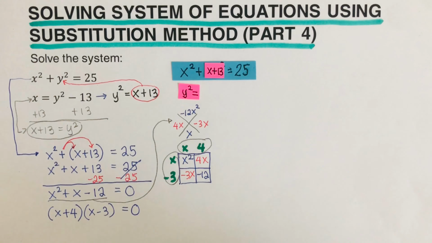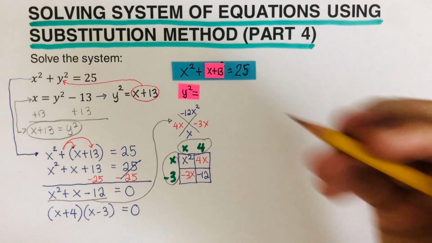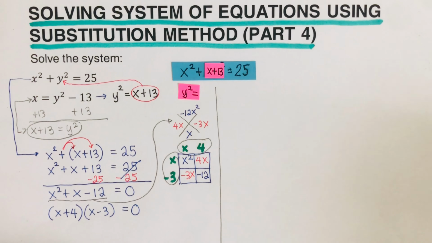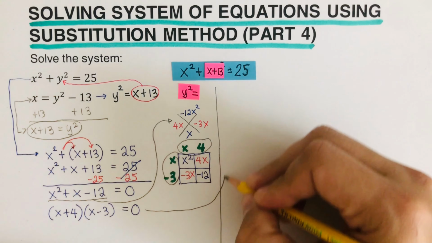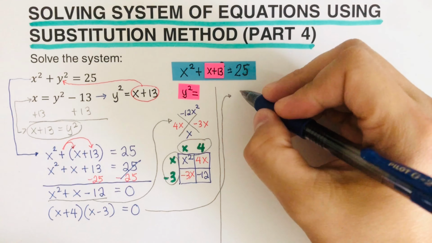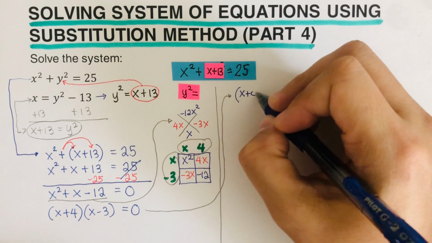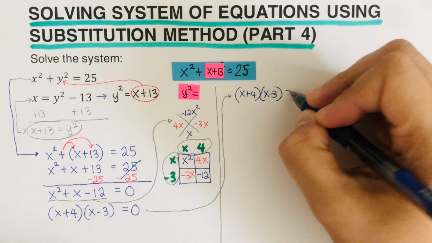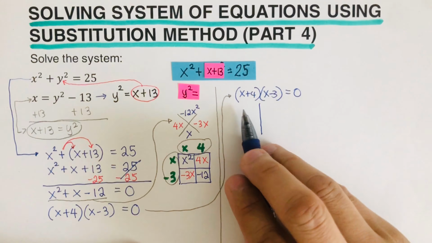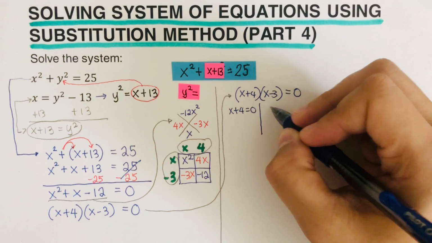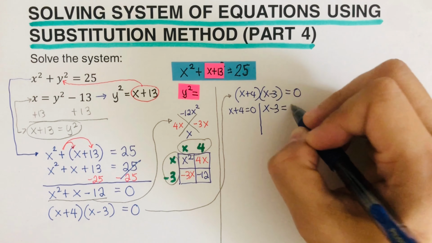Then from here, we can use the zero product property so that we can solve for x. I'm going to show the work up here. This comes out x plus 4 and x minus 3 is equal to 0, so I can set both of them equal to 0. That's x plus 4 equals 0, and x minus 3 equals 0.